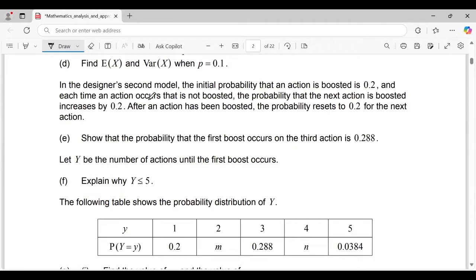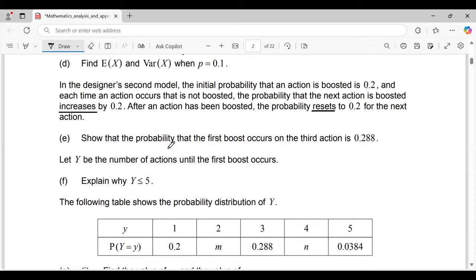Okay, underline this. After an action has been boosted, the probability resets to 0.2 for the next action.